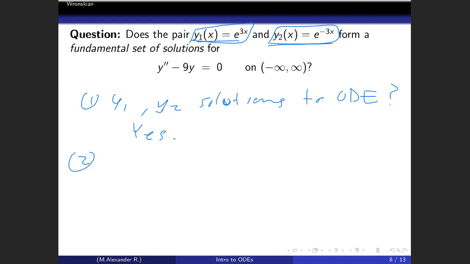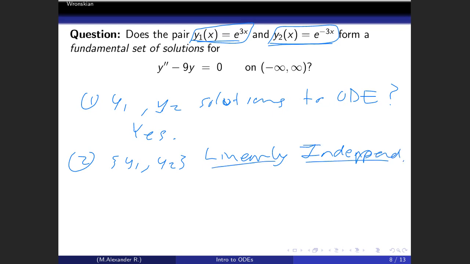So that's a yes. Secondly, is the collection y1 comma y2 linearly independent? I won't write the whole word, but you can see what I'm trying to say. And then the answer is yes. The set y1 and y2 is linearly independent, and you can check that by using the Wronskian.